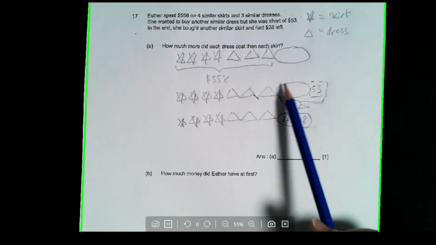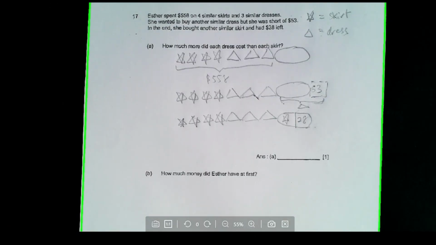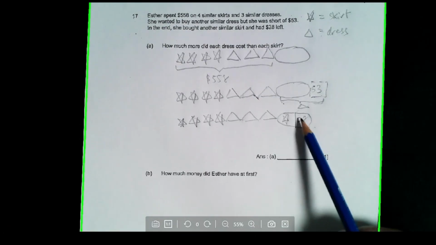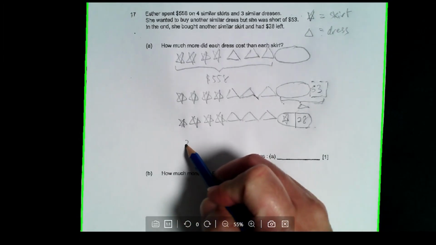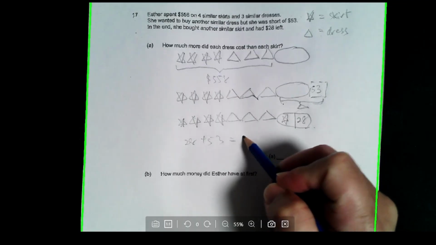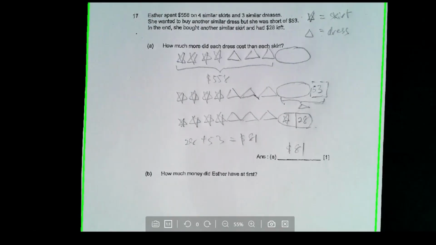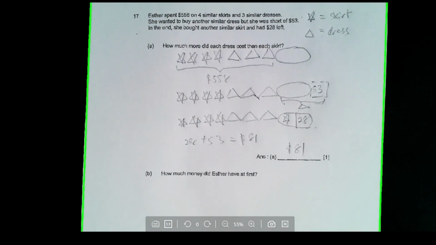This is one dress. This is one skirt. So what is the difference? Isn't it this plus this? So what is the difference in price? This plus this, right? So 28 plus 53, you get $81. Okay? Don't forget your unit, $81. Clear so far?